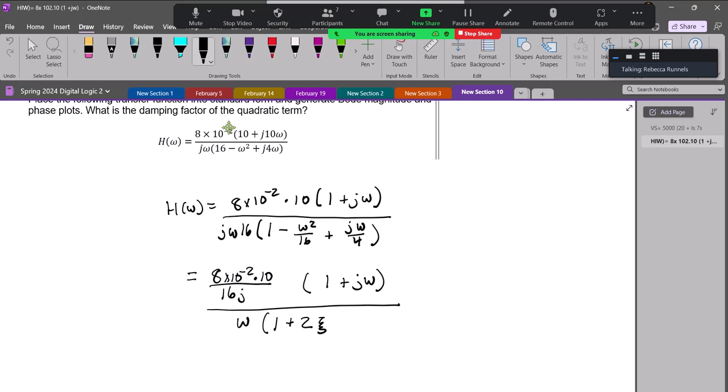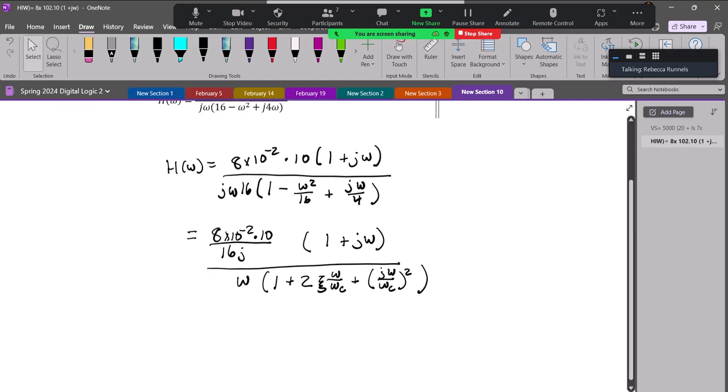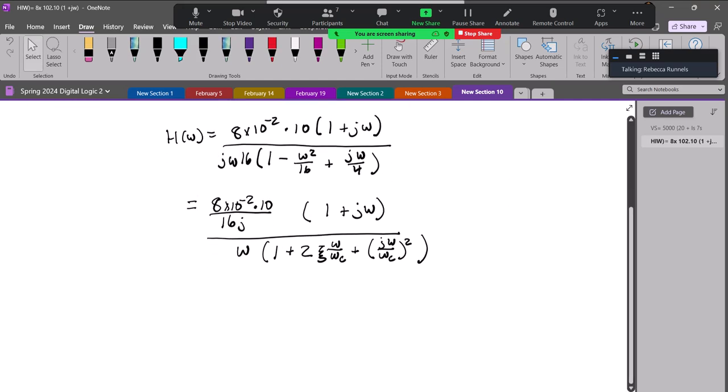It's usually the Greek letter zeta, so I don't know why it uses xi, but 2 xi omega over omega c plus j omega over omega c squared. That is the standard form.